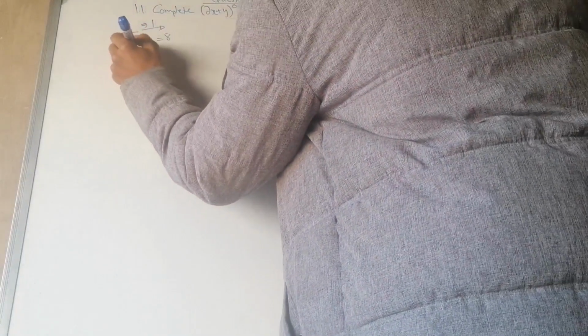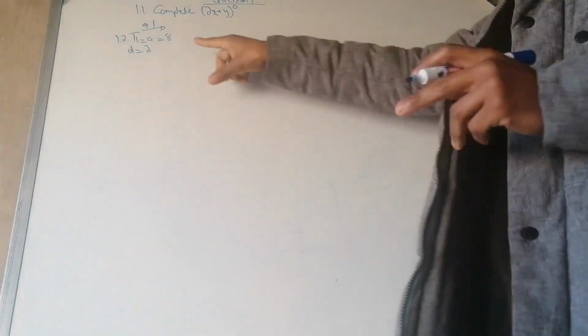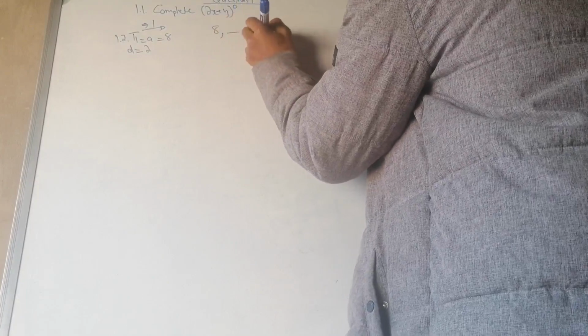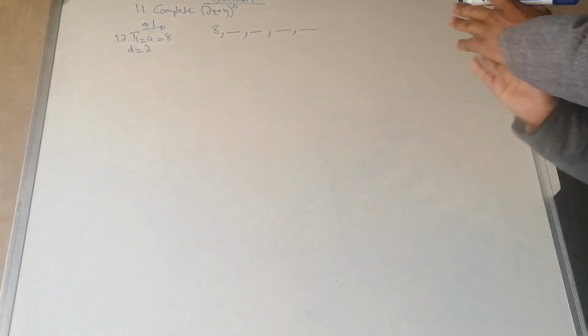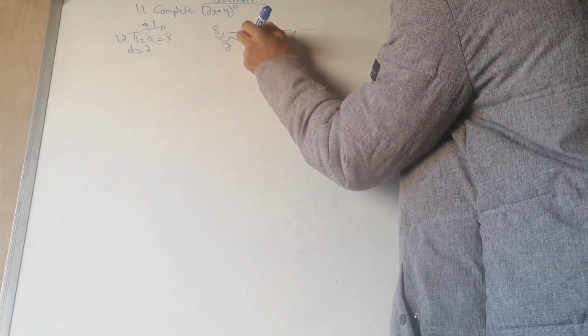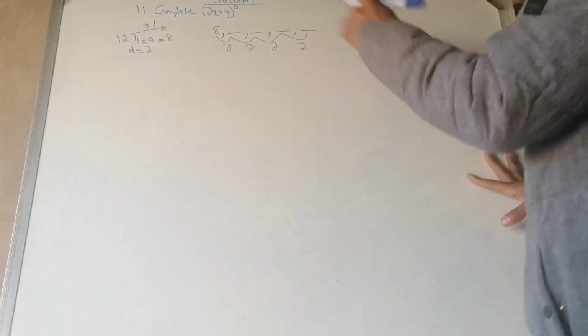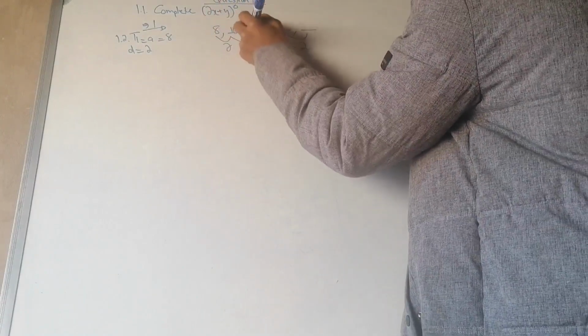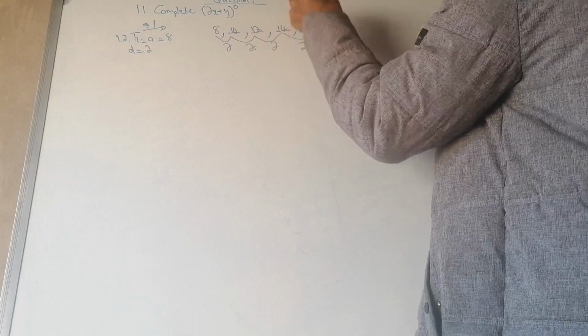Which of the following sequences agrees with the above statements? If we start with 8, the number we add to find the next consecutive terms is a constant number, 2. So 8 plus 2 is 10, plus 2 is 12, 14, 16.